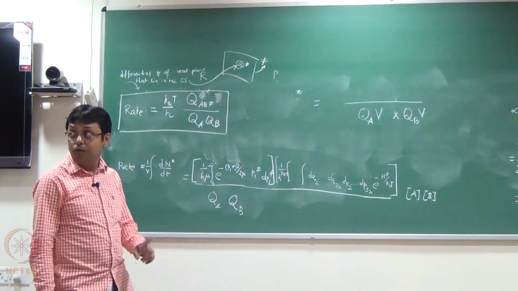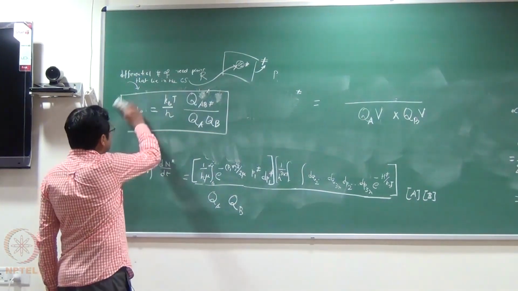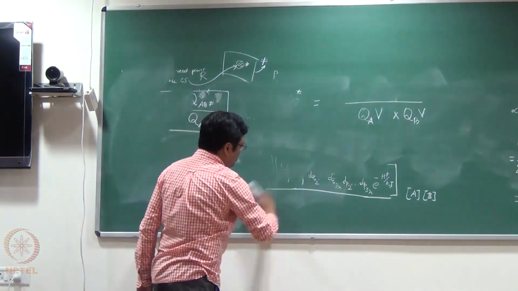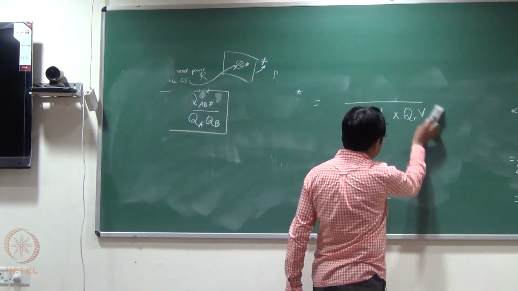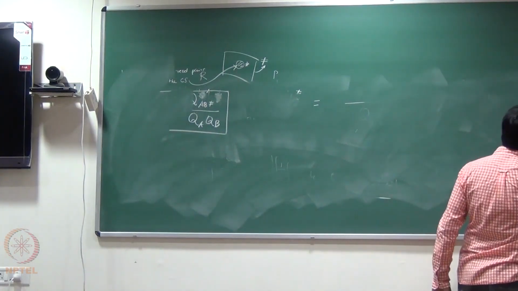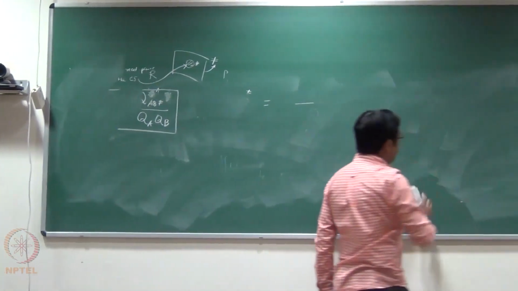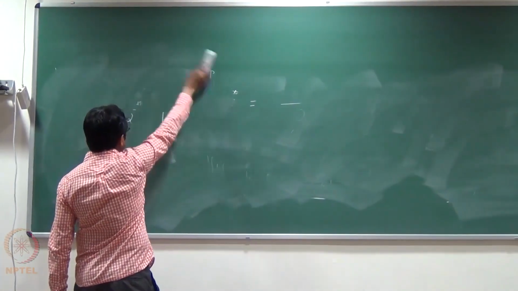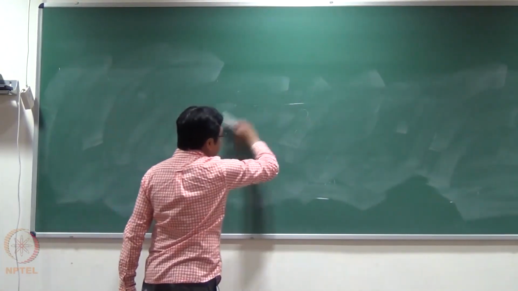Okay. Now, from here, let us just see how to basically go to the unimolecular. We already discussed that there is a model for unimolecular reactions. Initially, people were thinking that it happens due to radiation.